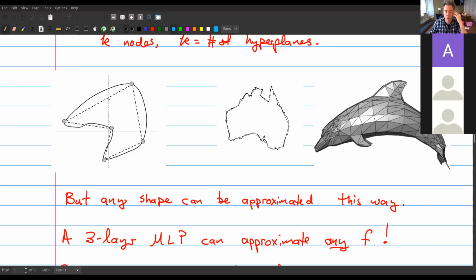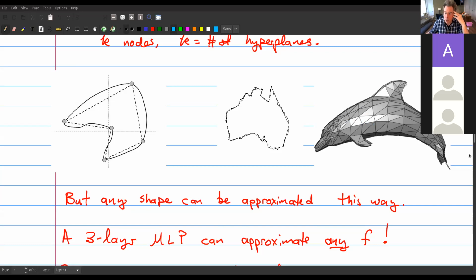So there are some pretty bad functions out there. But any smooth, nice, normal function, you can approximate it with polynomials. Like here's an approximation of Australia using a polygon. Here's an approximation of a dolphin using a polyhedron. And you can do this in higher dimensions too, with hyperpolyhedrons.